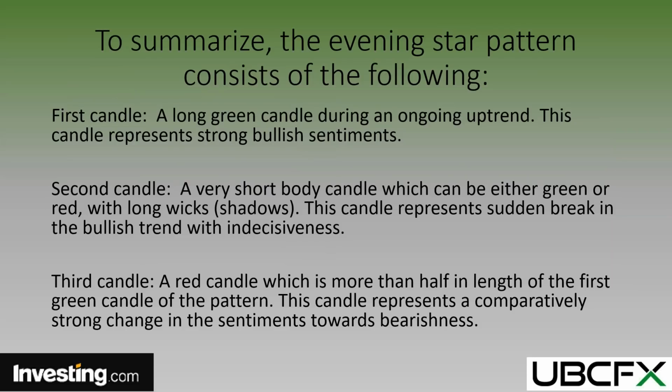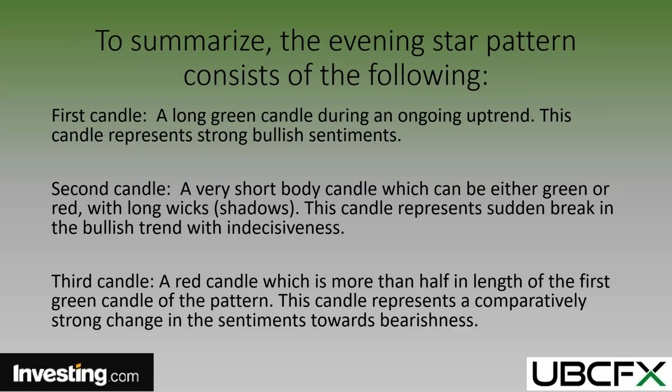The first candle is a long green candle during an ongoing uptrend. This candle represents strong bullish sentiment. Then it's followed by a very short body candle with either a green or red long wick. And this candle represents a sudden break in the bullish trend with indecisiveness. And this candle is then followed by the third candle, a red candle, which is more than half the length of the first green candle.